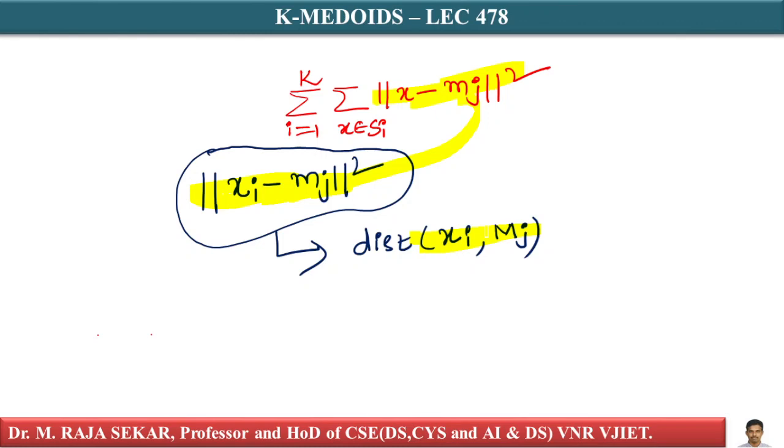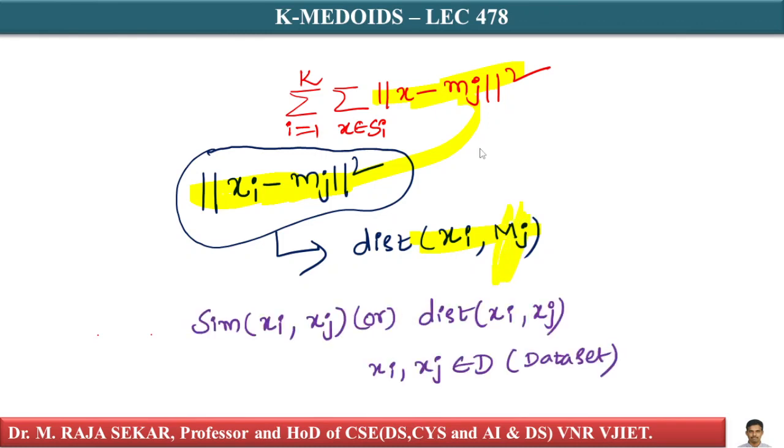This medoid mj is also a data point. Since the medoid is also a data point, the only thing that I need is the distance between xi comma mj.